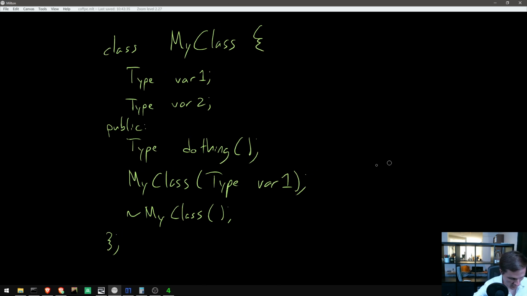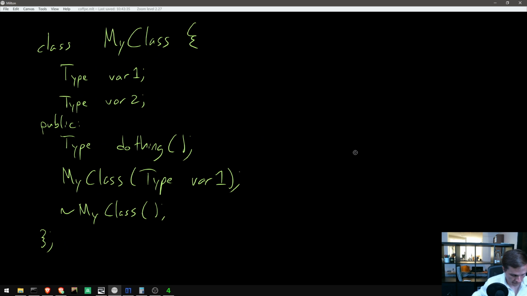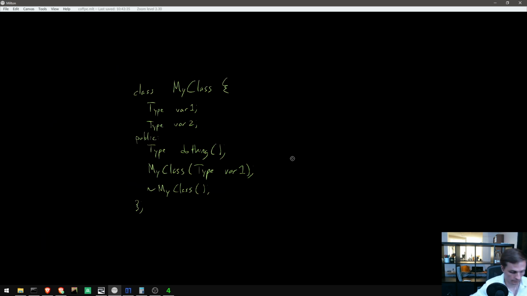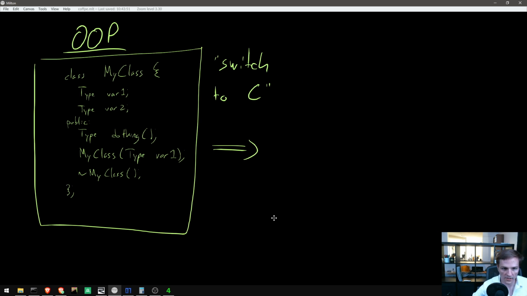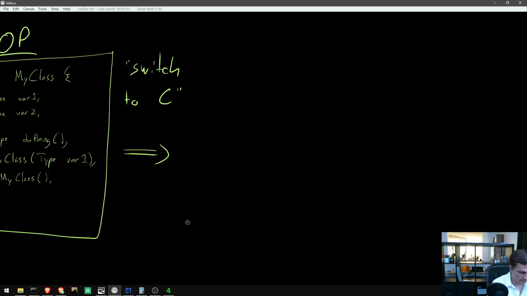And when someone tells you to switch to C, here we have OOP. When someone tells you to switch to C, there's this direct mapping of all of that into something that just looks like this.